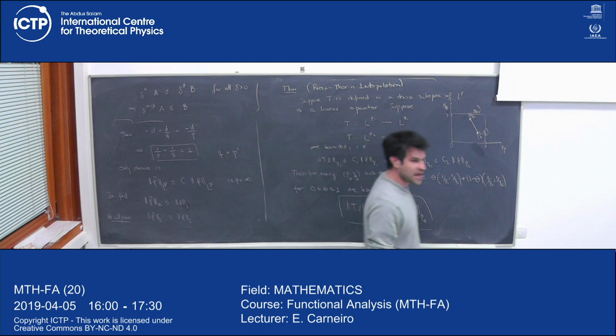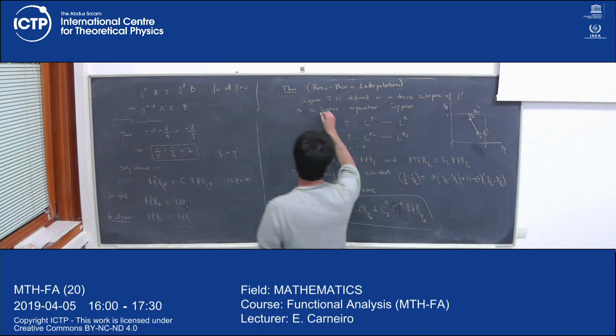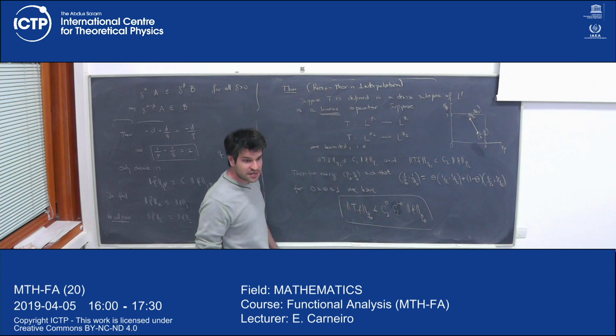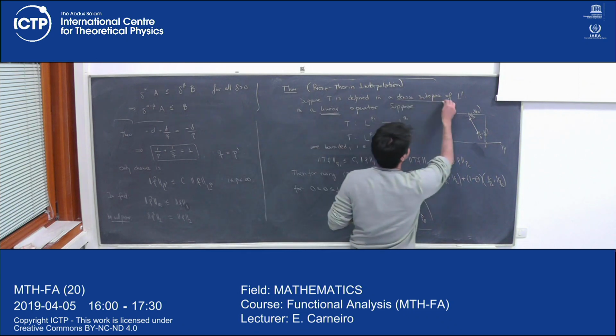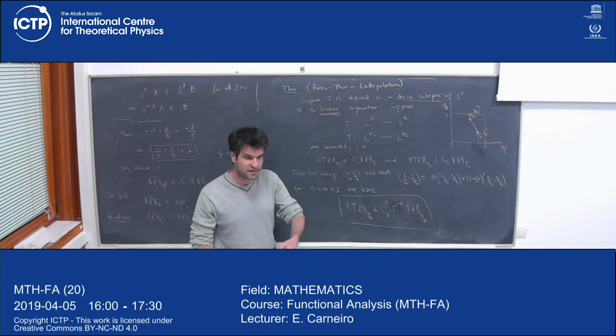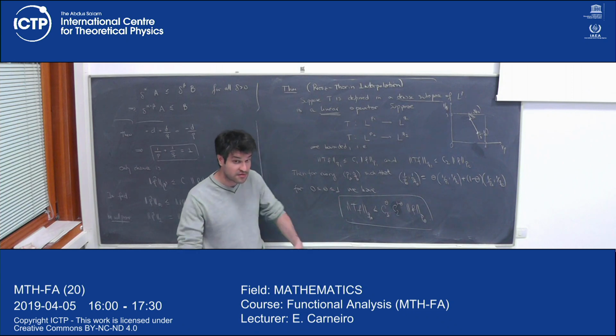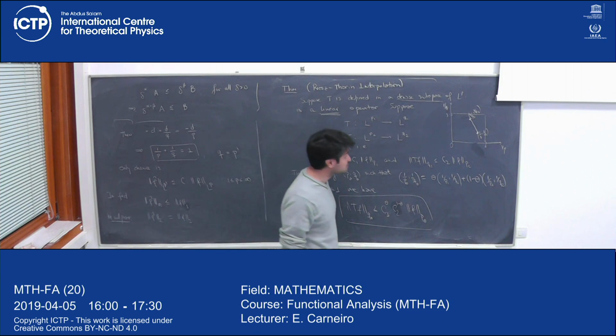So, again, if you have a linear operator, and here linear is crucial, defined on a dense subspace of these LP spaces, it could be just linear combinations of characteristic functions of rectangles, or Schwartz class, or C infinity of compact support.